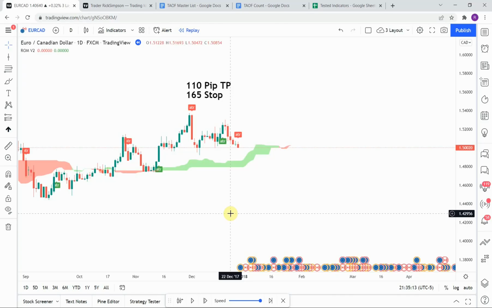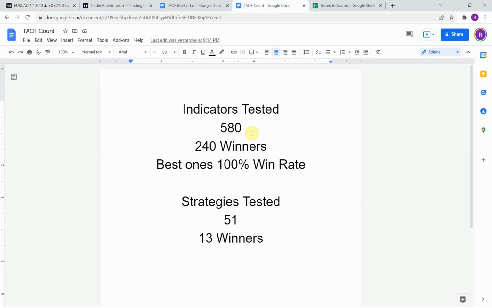Alright, as I said, today we will be testing the Rain on Me V2 indicator. Before we do though, I wanted to put the testing scoreboard up for everyone to see. So to date, we have tested a total of 51 different strategies, with 13 of them being profitable. We've also tested a total of 580 indicators, with 240 of them being winners.